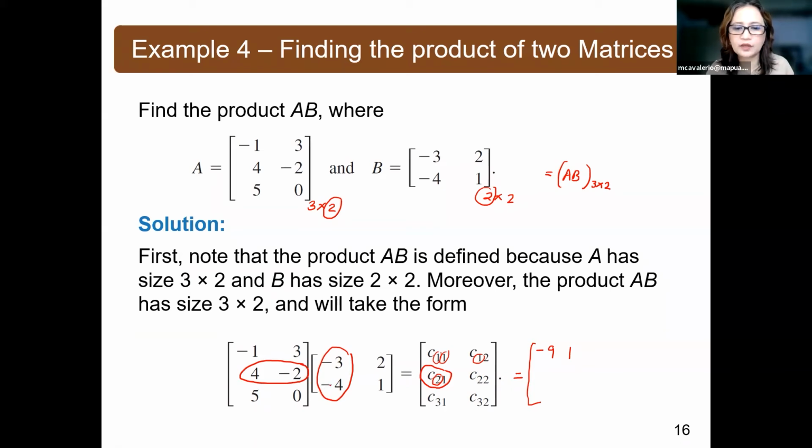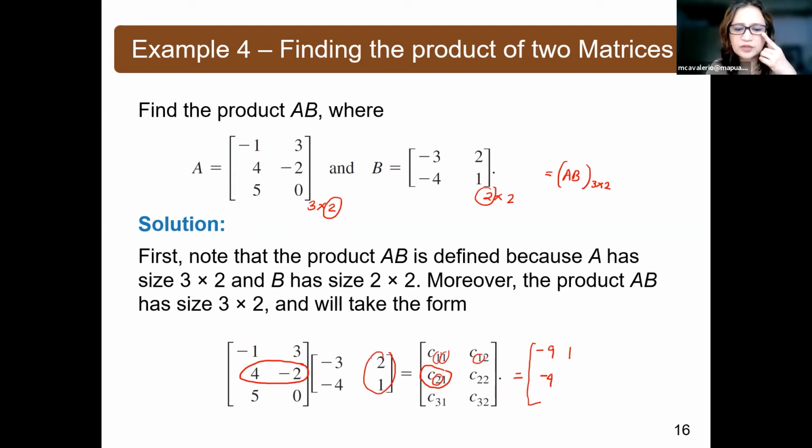So -12 plus 8 is -4. And then again, to find C22, we're simply multiplying the second row by the second column of the next matrix.